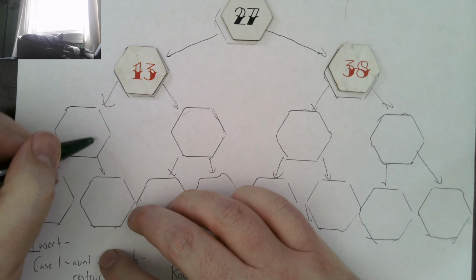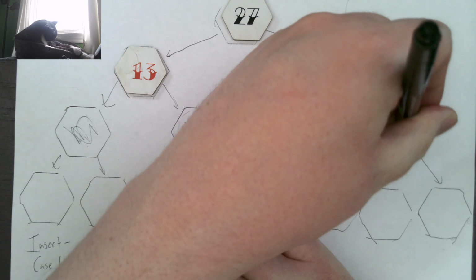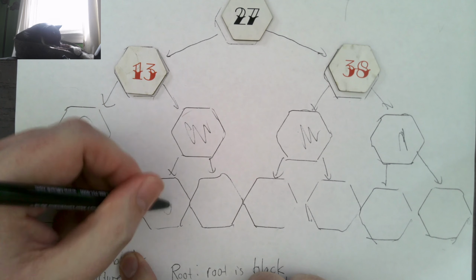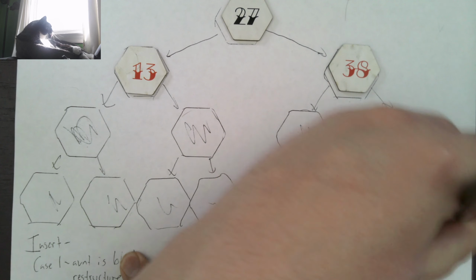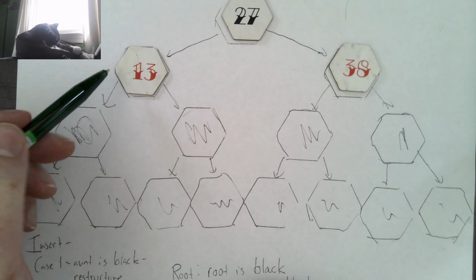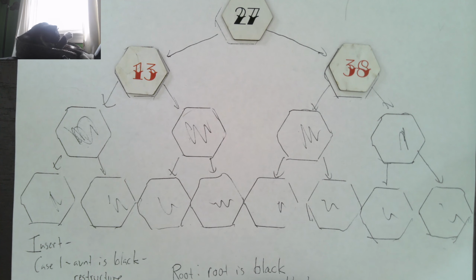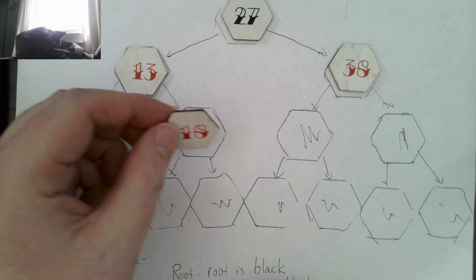If you want to help remember, you could color these in as black and say, well, when they're pointing to nothing, they're counted as black. Like that, right? So all four of these black leaves only have one black ancestor. So we're good. Excellent. All right, so now let's put in 18.